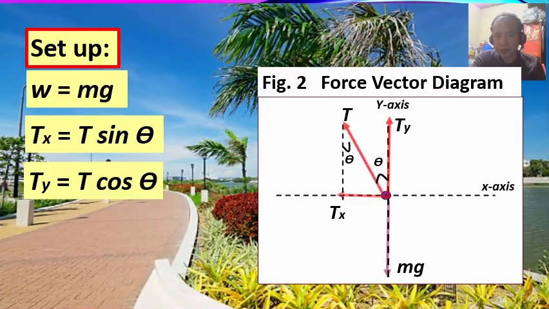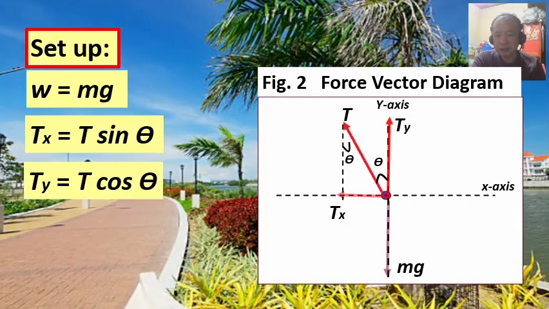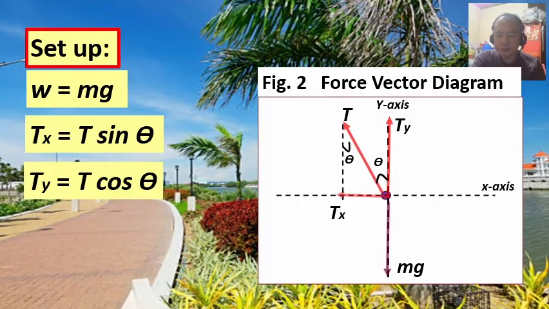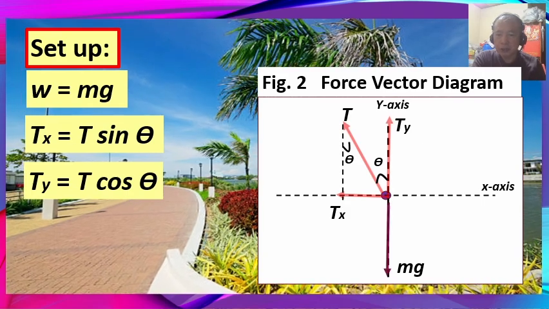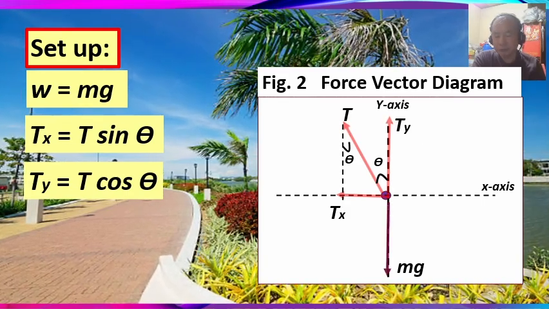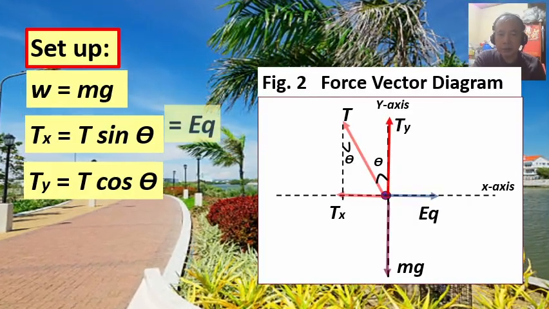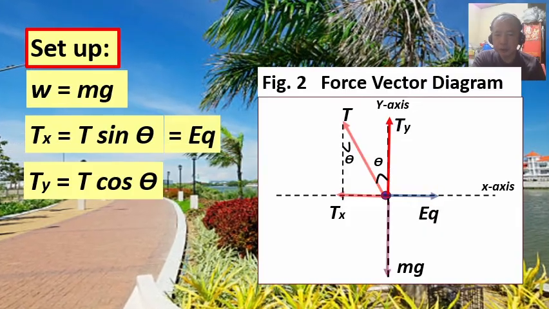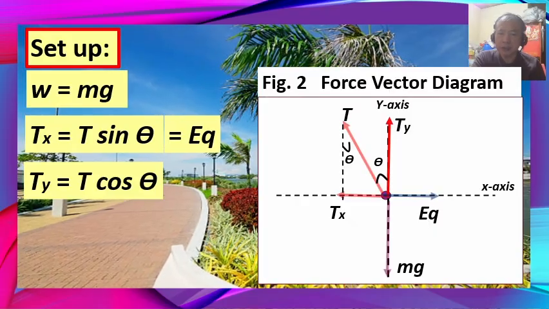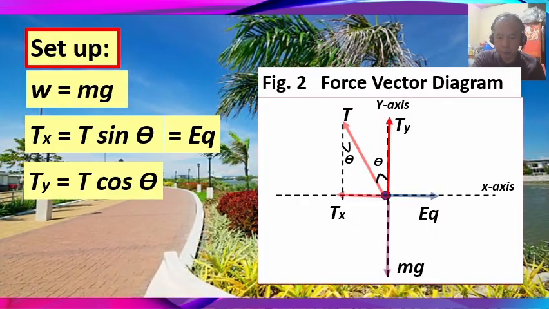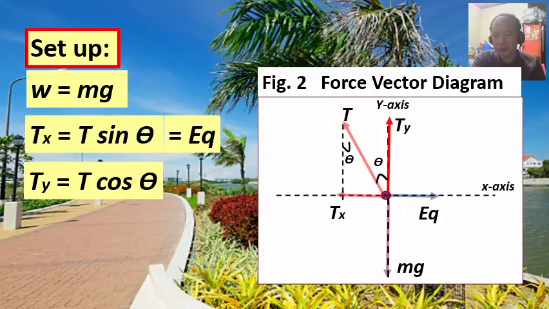All right. For instance, the summation of Fx, or the forces along the horizontal, includes Tx, which is directed to the left, and another force, which we express as EQ, being the product of the electric field and the charge small q, which is represented by this arrow pointing to the positive x direction.